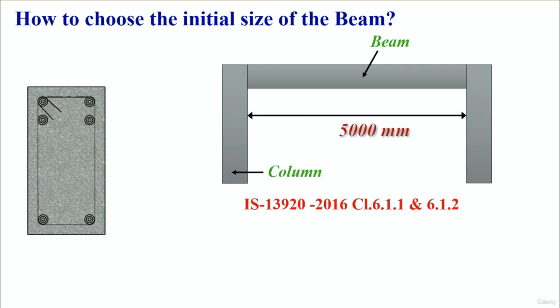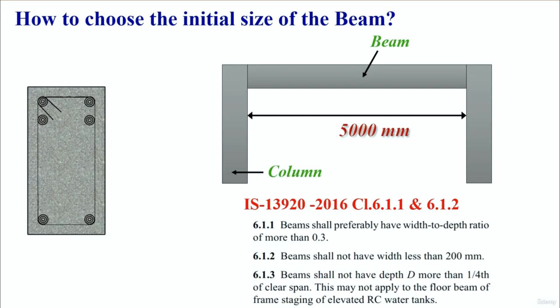Let's see, as per IS 13920 2016, IS 13920 is the code which is used for ductile detailing. What is the condition given for width of the beam? If you see in clause number 6.1.1, the beam shall preferably have width to depth ratio of more than 0.3. So this is the one condition.